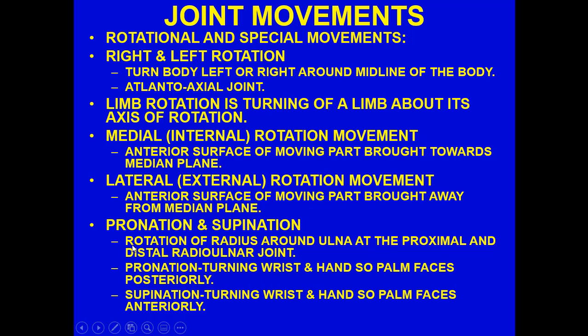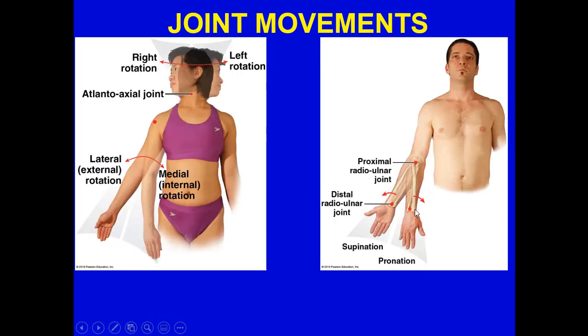Pronation, supination. This is the rotation of the radius around the ulna at the proximal and distal radial-ulnar joint. Pronation is turning the wrist and hand so the palm faces posteriorly. Supination is doing the opposite, turning the wrist and hand so the palm faces anteriorly. Here you see this.